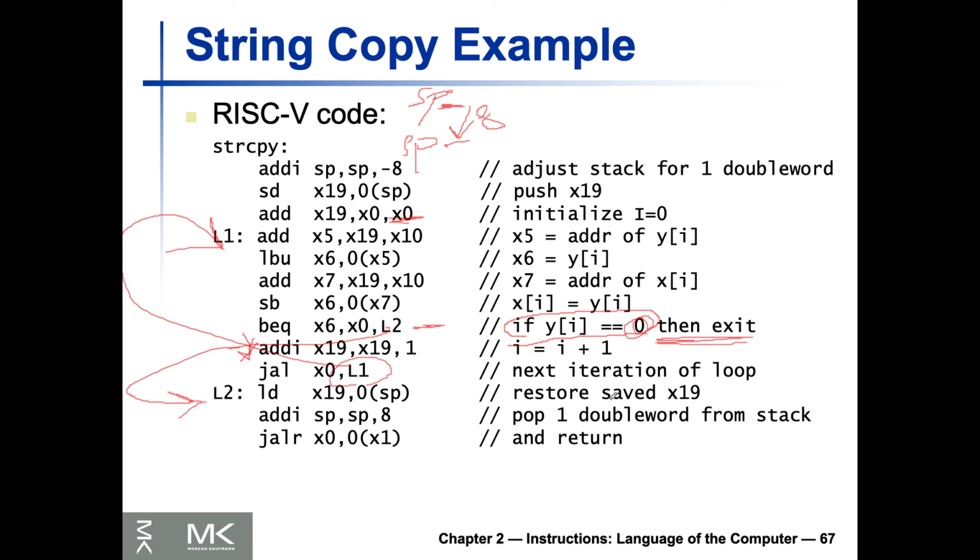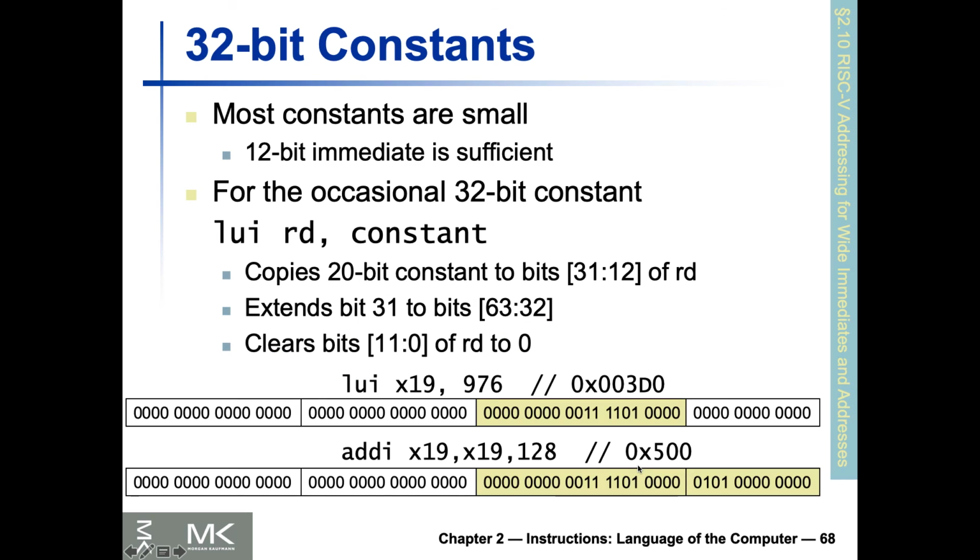All right, so I'll wrap up tonight with a few more slides. So let's see how we're going to do the 32-bit constants. As you know, most of the constants are small, and a 12-bit immediate is sufficient for that.